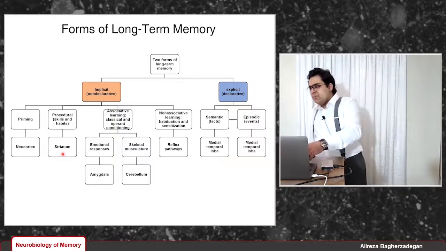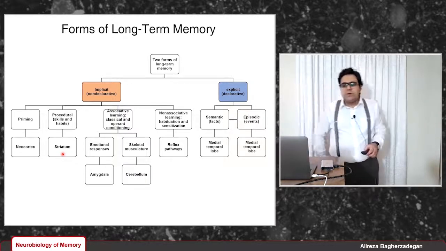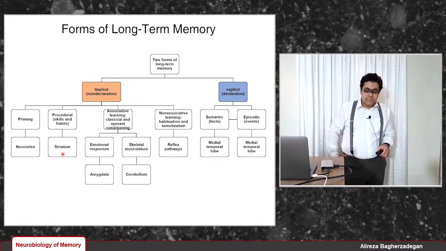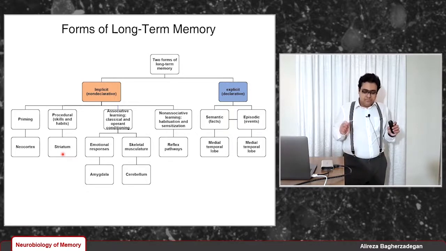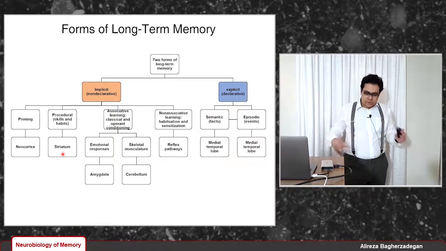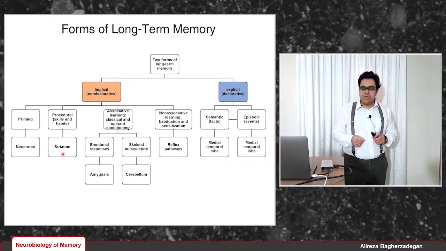A fun fact about memories related to skills and habits is that at the beginning of learning any skill or habit, we should consciously recall all the subtle movements or subtle information related to that particular skill or habit. For example, the very first time I want to learn how to bike, I have to pay attention to various subtle movements consciously.